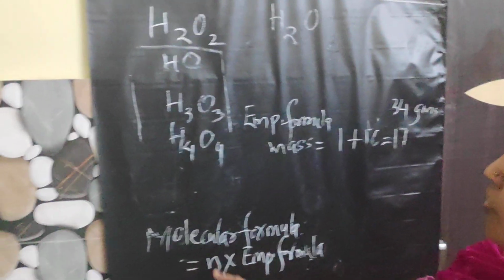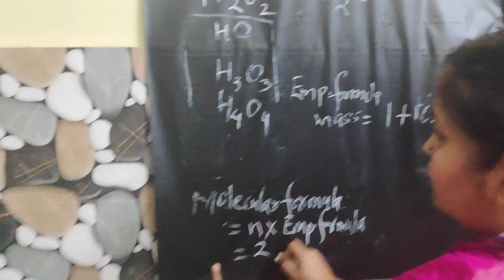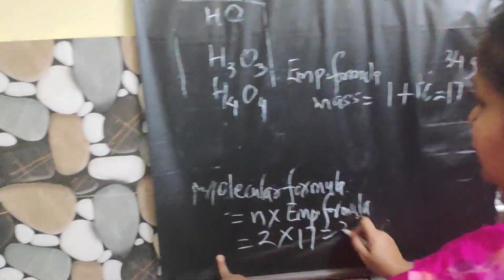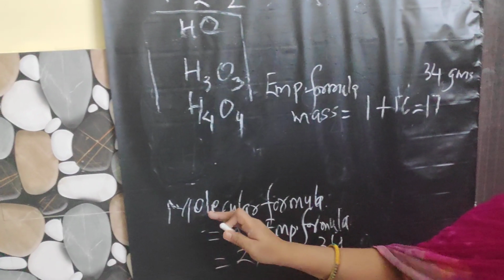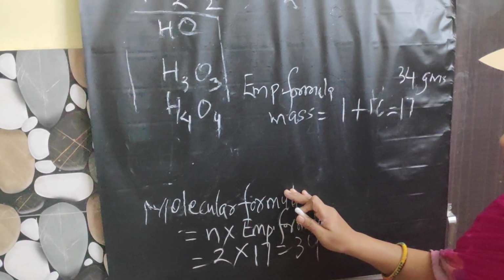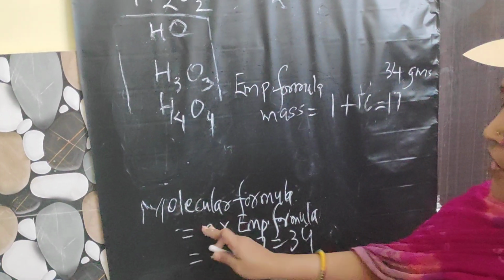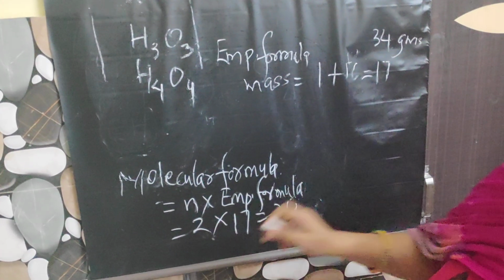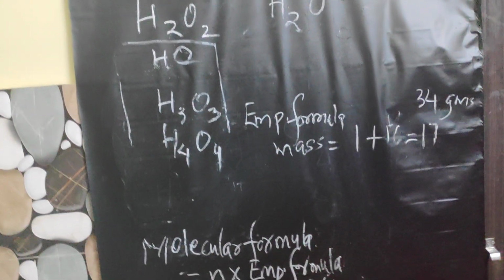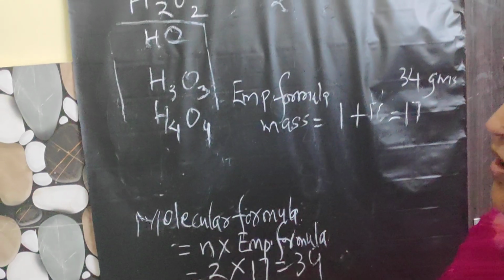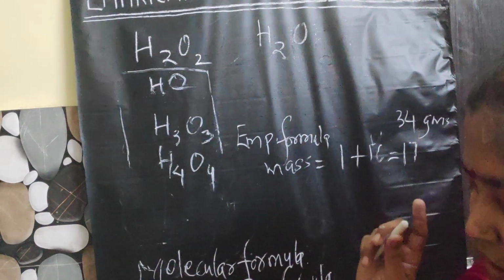So the molecular formula came out as 2 into 17, which became 34, exactly as found. So in order to calculate the molecular formula, we have to multiply by this number n, here 2. It may be 1, 2, 3, any value. We multiply and get the molecular formula. Now for HO, we have to multiply by 2.